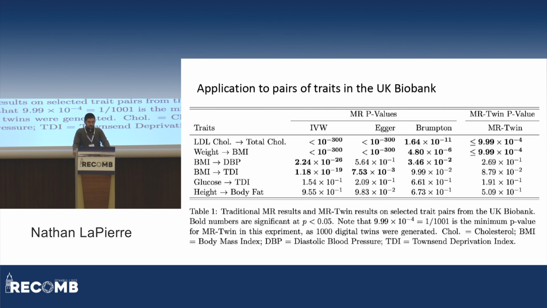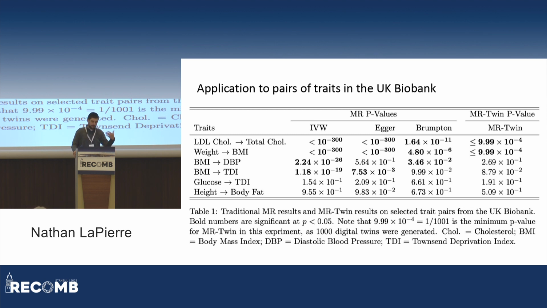And I'll just briefly talk about our real data application to the UK Biobank. You can isolate about 1,000 white British trios in the UK Biobank, and of course, something like 300,000 unrelated white British individuals. We ran the MR methods on these, and recapitulated a lot of the same trends we saw in our simulated data.